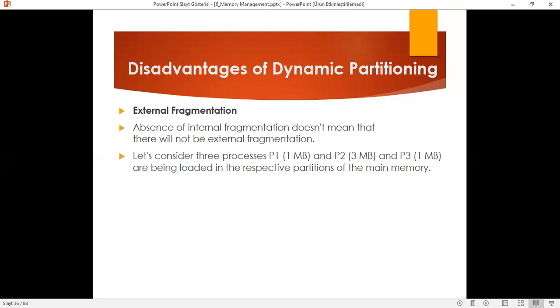So this causes external fragmentation because there are no processes there anymore, and if any other process comes to execute and load to memory, I'm not 100% sure that it can fit to that size. For example, if it is 2 megabytes, let me draw.